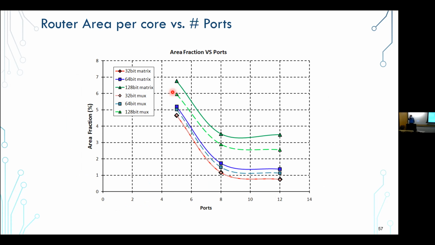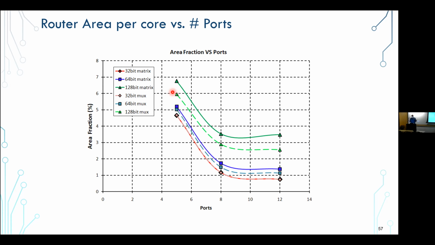Another interesting way to look at this, which is actually the true way of looking at the router costs, right? So far, I've been showing you just how things grow with the number of ports. But remember that while things grow with the number of ports, I have fewer of these in the system. If I want to connect 64 tiles, if I do a 5-port router, I need 64 of them.